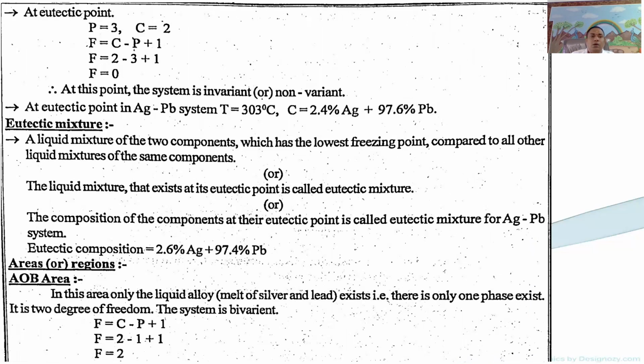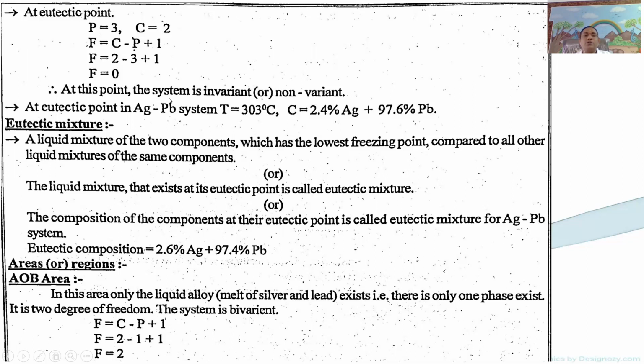Then at the eutectic point, the number of phases is 3. That is solid silver, liquid silver-lead, and solid lead. It is a two-component system. Therefore, C is equal to 2, then F equal to C minus P plus 1, F equal to 2 minus 3 plus 1, F equal to 0.